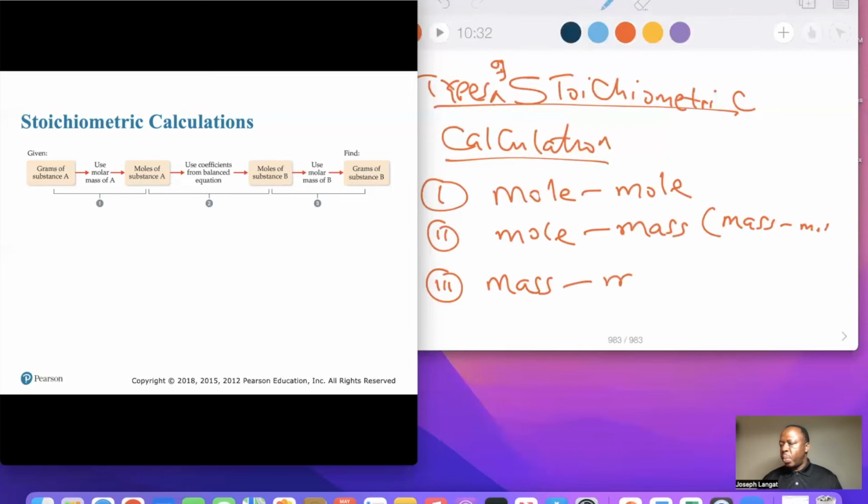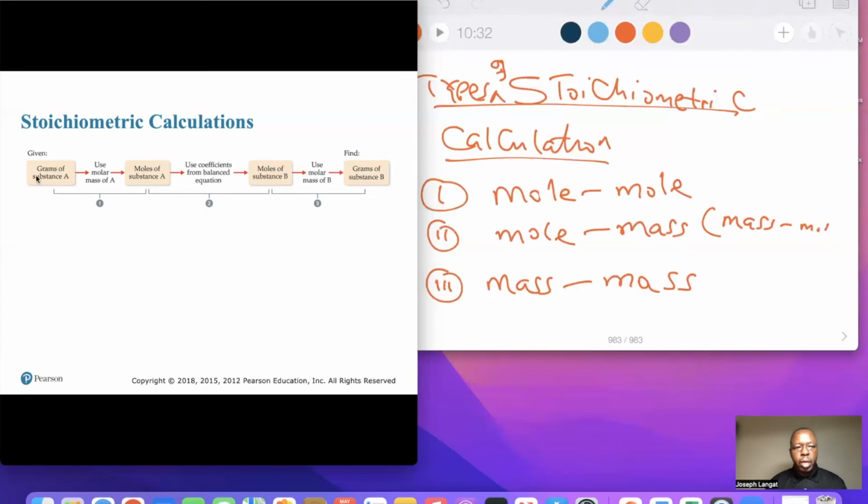Mass to mass means you are starting from the mass of the reagent and you are asked to find the mass of a particular product. This is the third type of stoichiometric calculation, mass to mass.